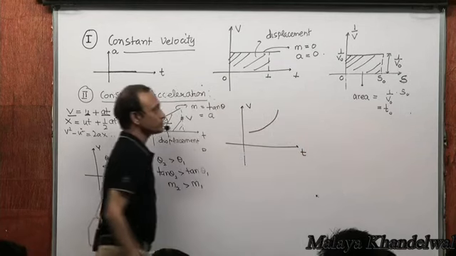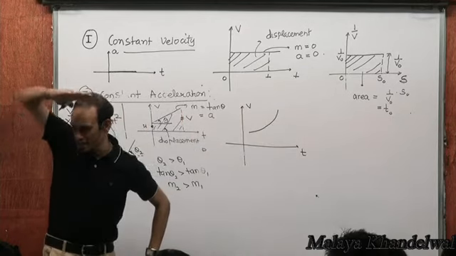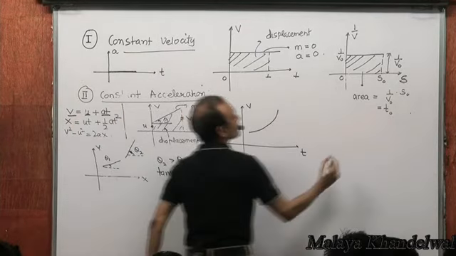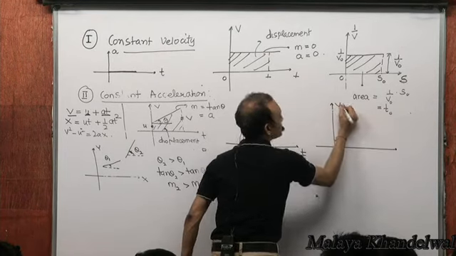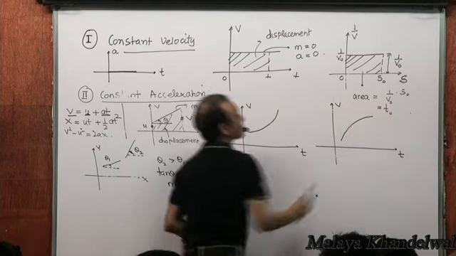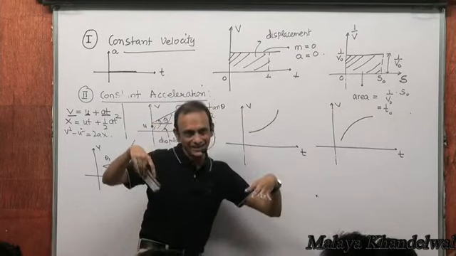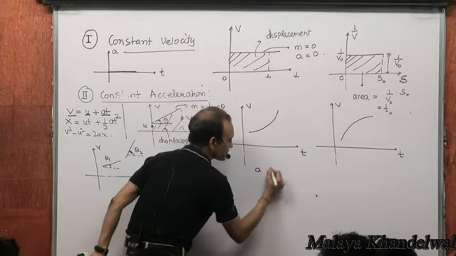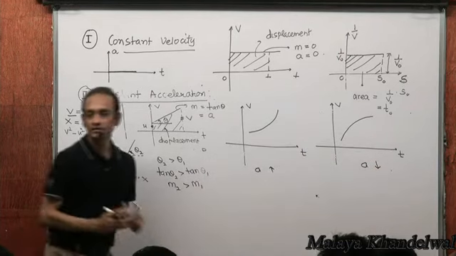In one case the tangents were becoming more and more vertical, so acceleration was increasing in magnitude. In this case, the tangents are becoming more and more horizontal, so accelerations are decreasing. Yes or no?